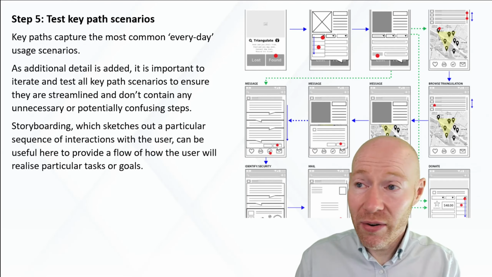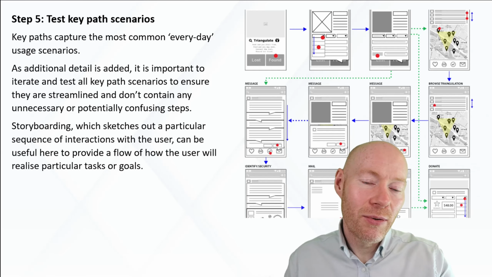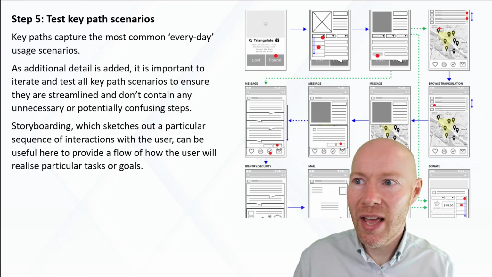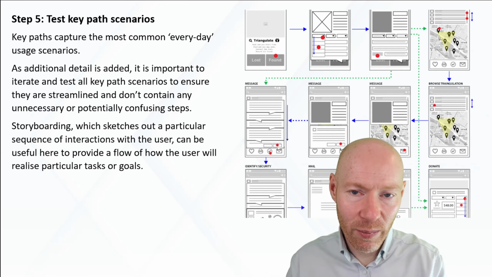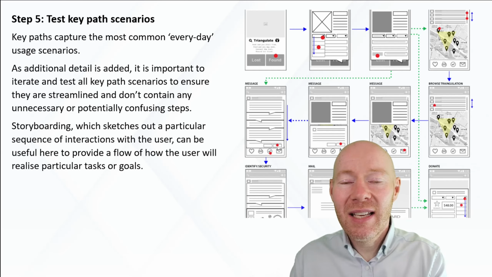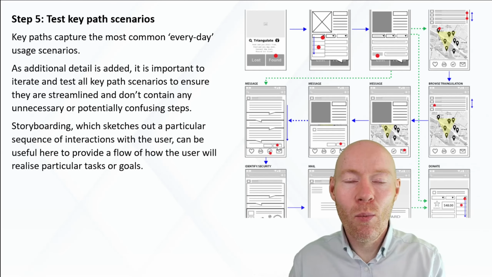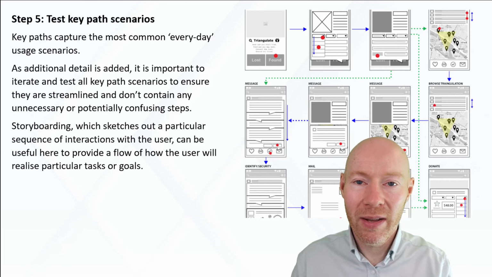Step 5 is where we want to, having done those interface designs and sketches, take the key paths. So we can drive these from the persona, we can drive them from the tasks as the typical paths through this, the ones that are most commonly encountered or most likely to be followed by the users.